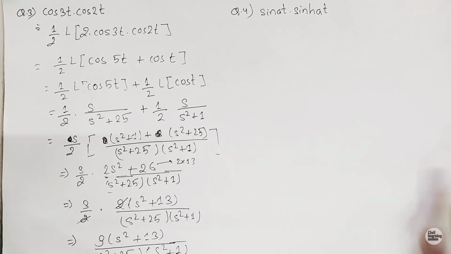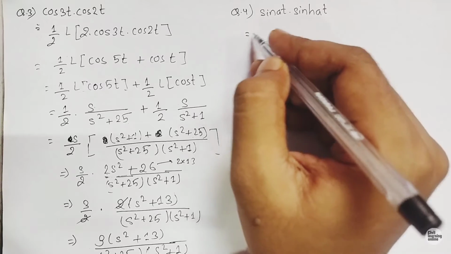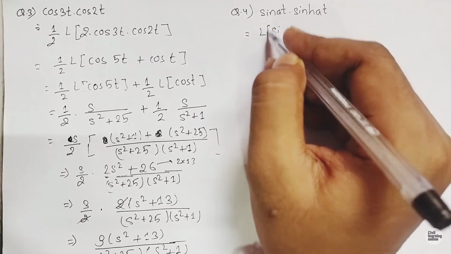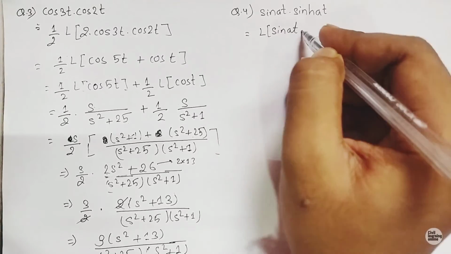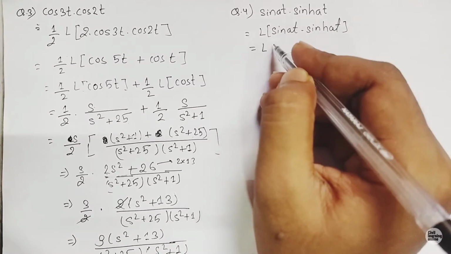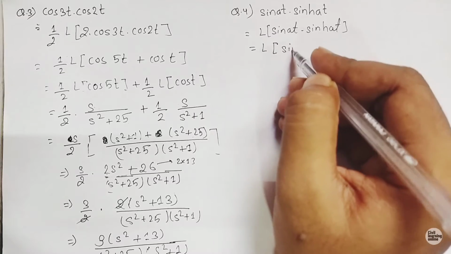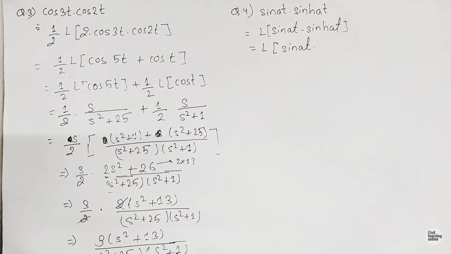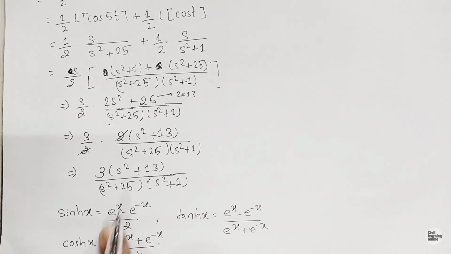See here we have sin at, so Laplace transformation of sin at times sinh at will be equal to Laplace transformation of sin at times sinh at. Sine hyperbolic at means e to the power x minus e to the power minus x upon 2.